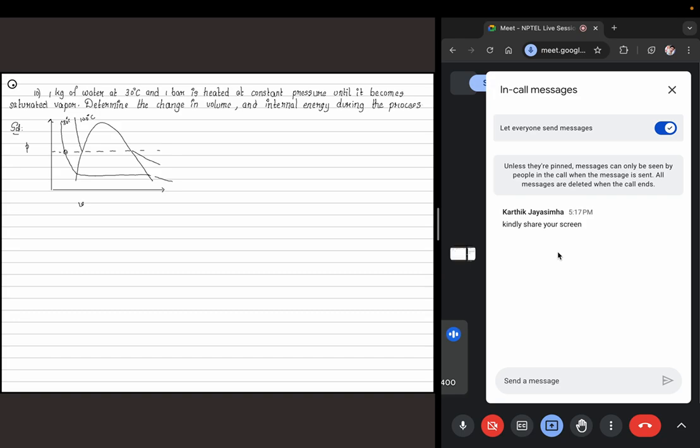So you have to heat from here. This is state 1. This is your saturated liquid. This is your saturated vapor.